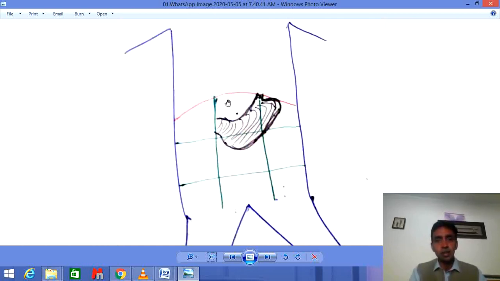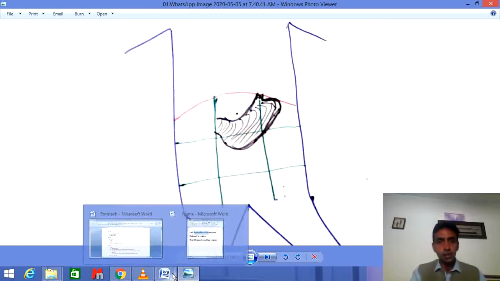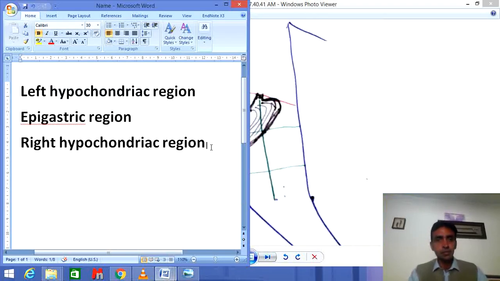This portion is called the epigastric region, because the major portion of this region is above the stomach. This region is called the left flank, and this is called the right flank.